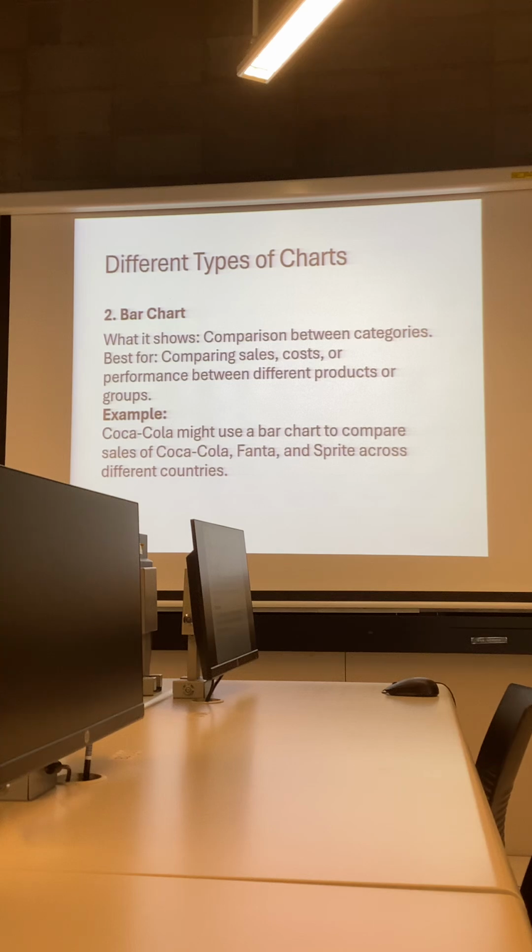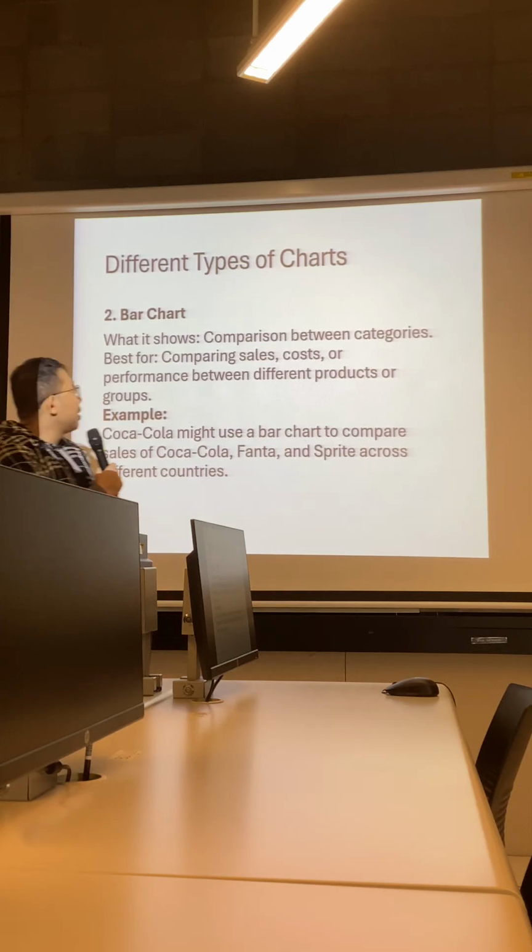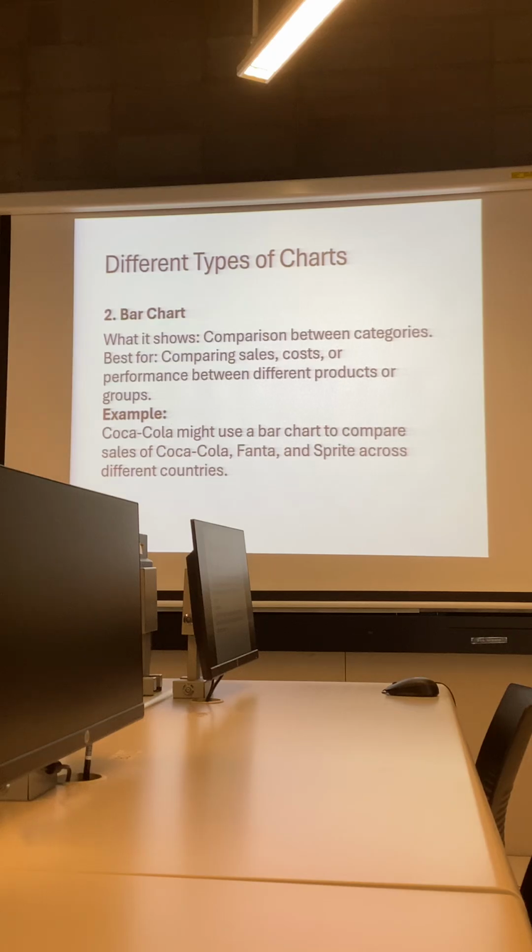Now we move to the bar chart. What is the difference? In a bar chart, there is a comparison between categories. If you would like to compare between categories, a bar chart is best, suitable for comparing sales, cost, or performance between different products or groups, whether two categories or a lot.